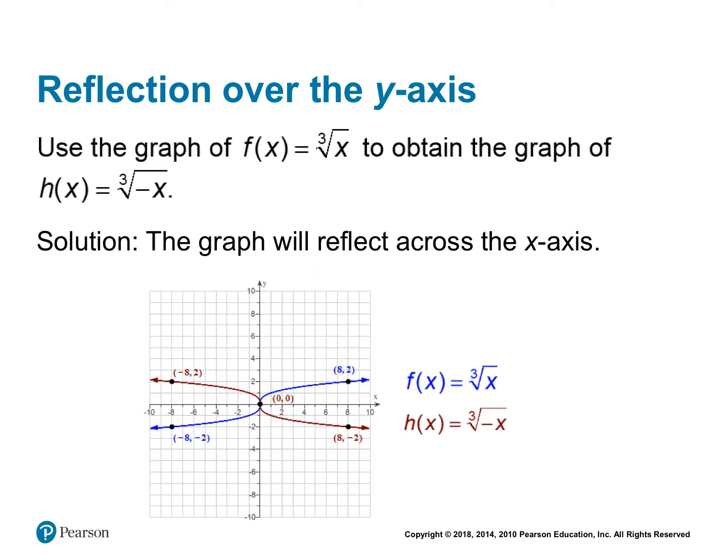Okay, now over the y-axis. So this time the negative is on the inside of the grouping symbol. So if I look at my blue one, that's the original. So here's my original for cube root of x. Now this one's kind of deceiving because it actually looks like it's reflected over the x as well.